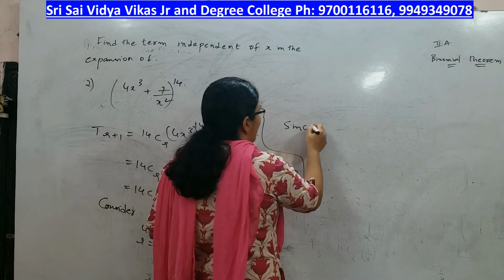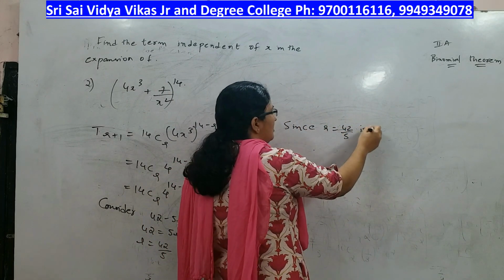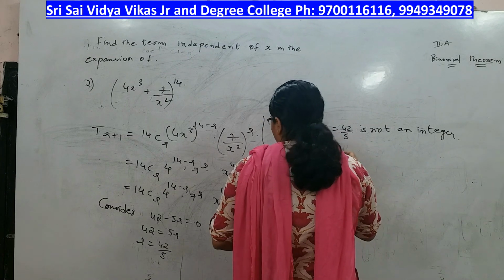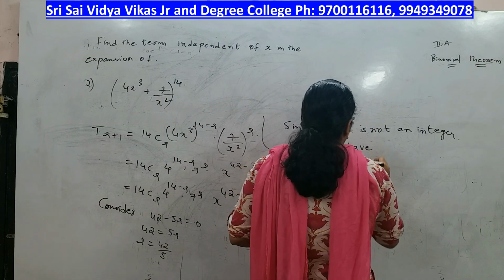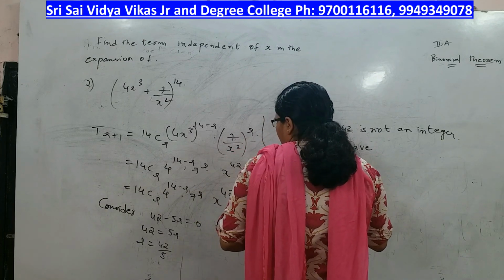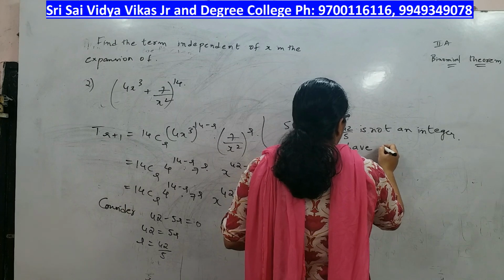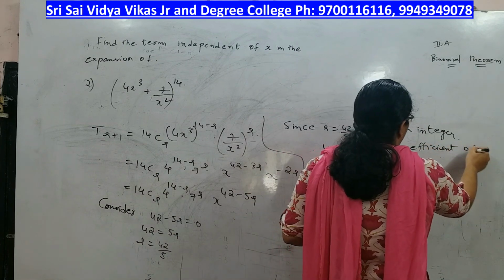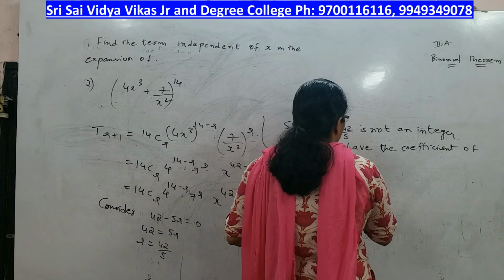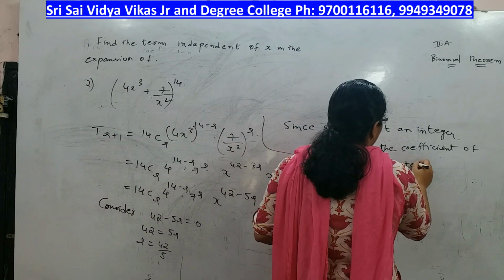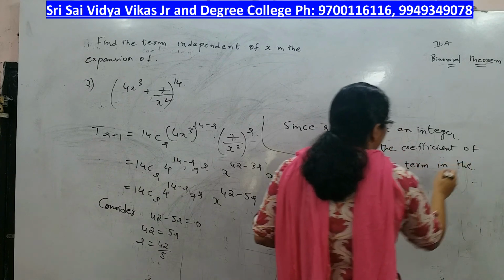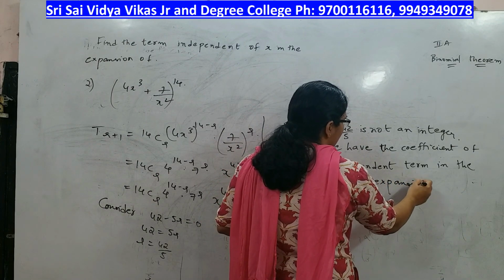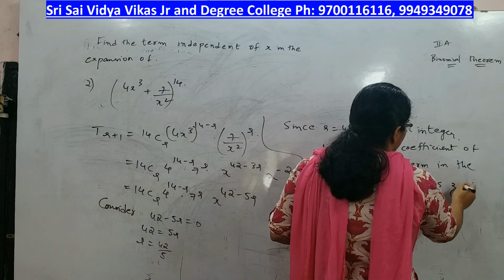Since r = 42/5 is not an integer, we have the coefficient of the independent term in the given expansion is 0.